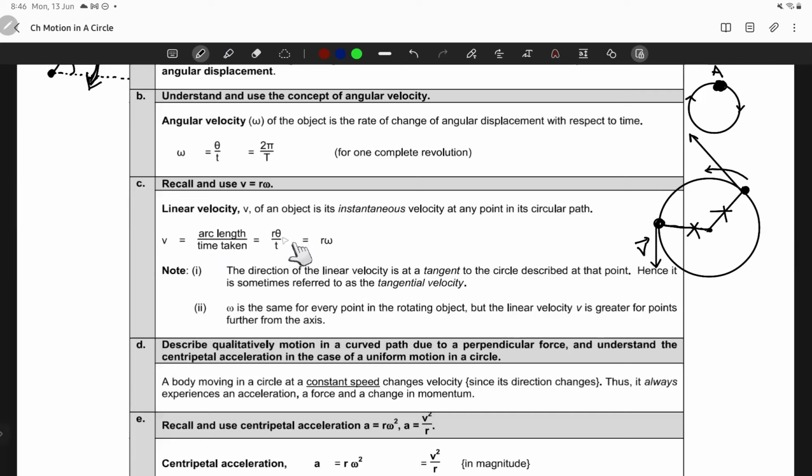Do you know what an arc length is? Suppose you have this angle theta over here, and this is the arc that it forms. The length of this region is the arc length, and you can find that by simply multiplying this length with the angle theta. So if this length is r, then r times theta is the length of this arc.